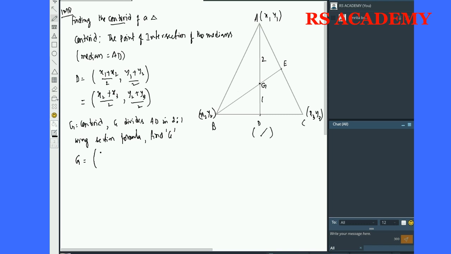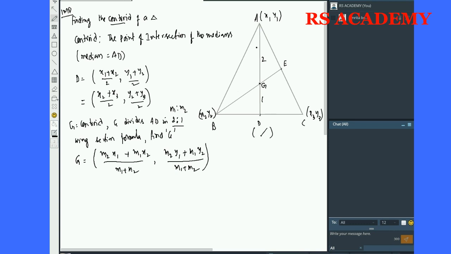What is the formula? The x coordinate is m2 x1 plus m1 x2 by m1 plus m2, and the y coordinate is m2 y1 plus m1 y2 by m1 plus m2. Here m1 is to m2 is the ratio.